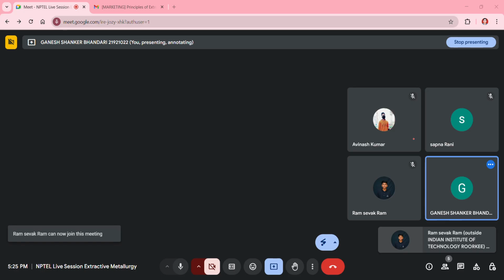Dolomite is magnesium calcium carbonate. It is a mix of magnesium carbonate and calcium carbonate. We use it in the iron and lead process along with calcite, and sometimes in copper smelting also we use dolomite for making flux material.